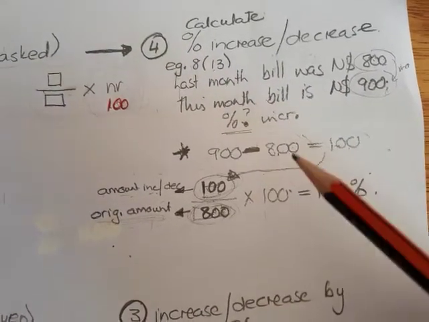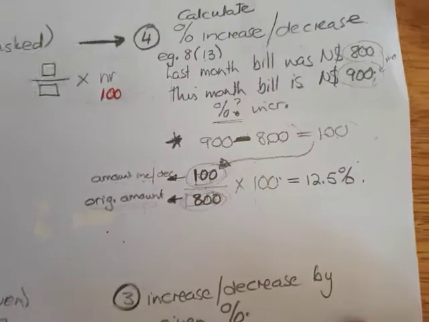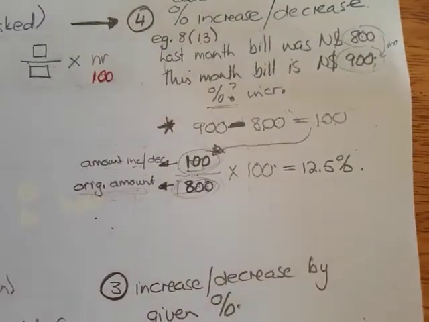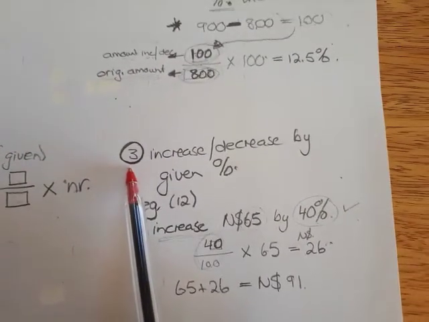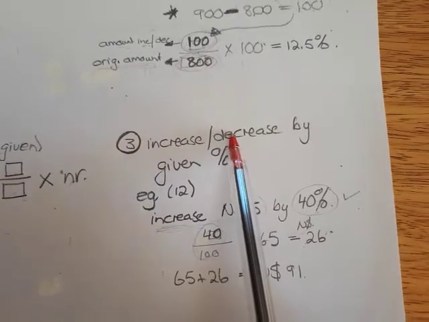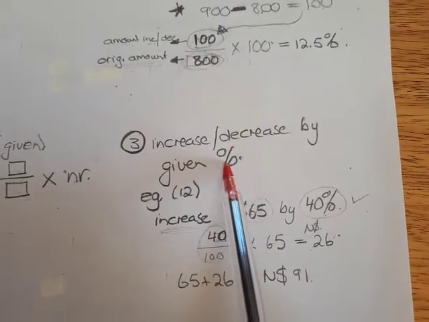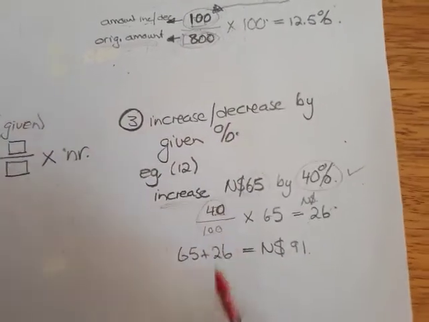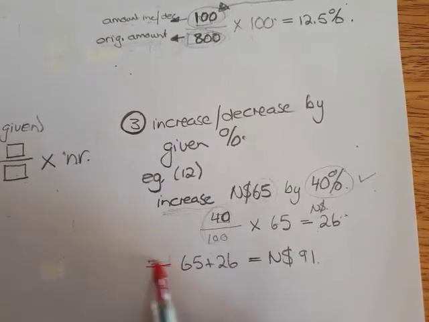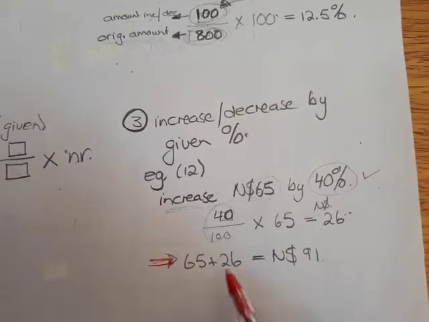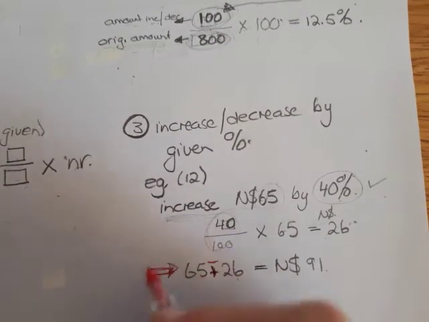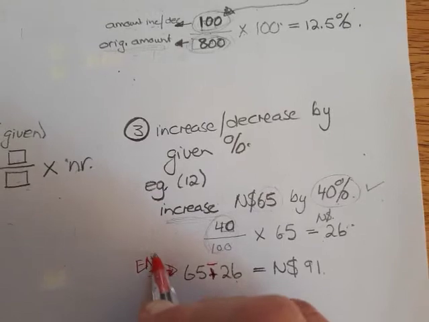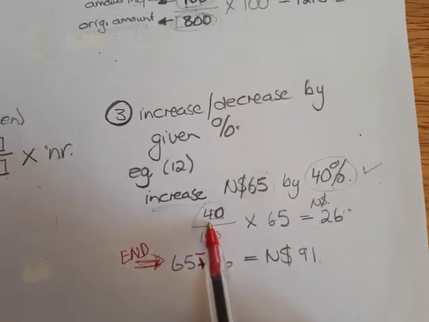Okay, I want to ask you to take note of the following. If we compare the third type, where the increase or decrease by a certain percentage is asked, there at the end, people, you add it. But you can also subtract there, so it can be a plus or a minus, but it is after you have done your percentage calculation.